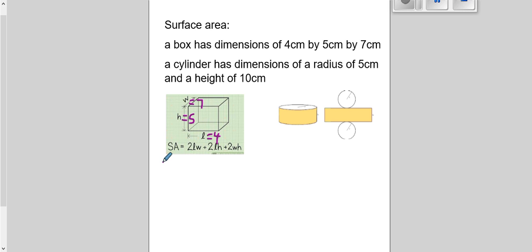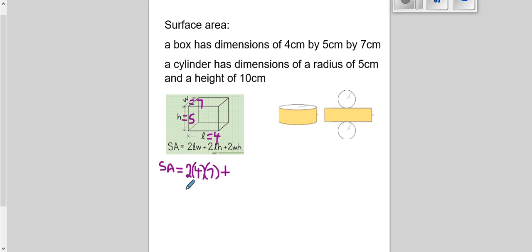All right, so let's talk about surface area then. Surface area is going to be equal to 2 times L. We said L was 4, so 4, and then W is 7, so let's put a 7. Those are all going to get multiplied together, but we'll come back and do that in a minute. Let's keep going with this formula.